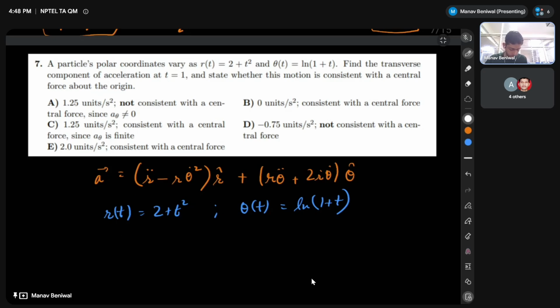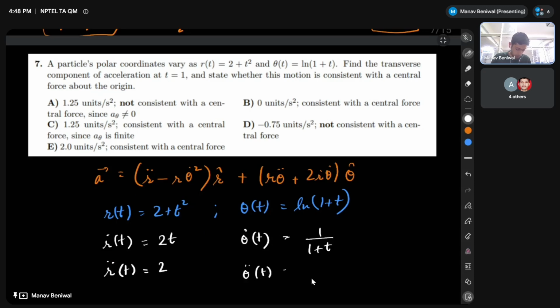First of all, my r dot of t will be just 2t and my r double dot is just a constant 2. Similarly, my theta dot of t, the derivative of ln(1 plus t), is 1 over 1 plus t. And my theta double dot of t is minus 1 over (1 plus t) squared.